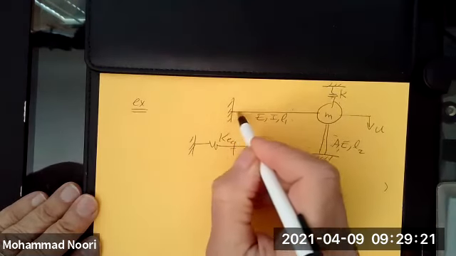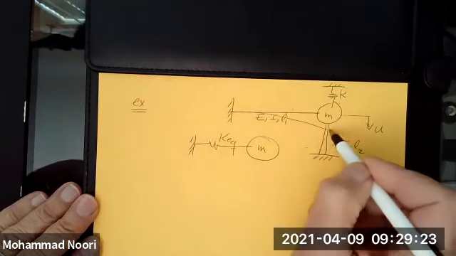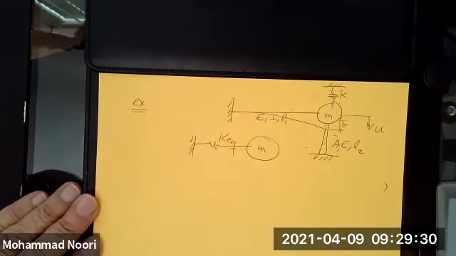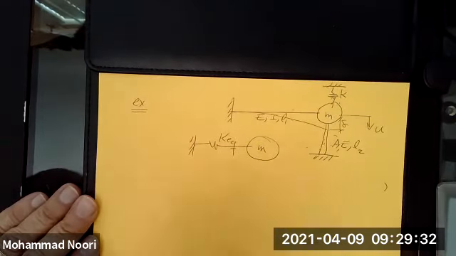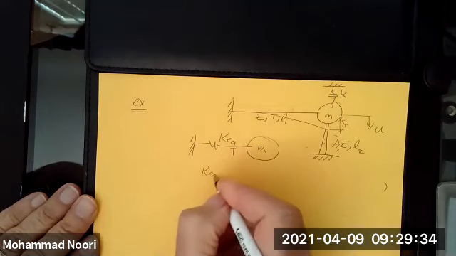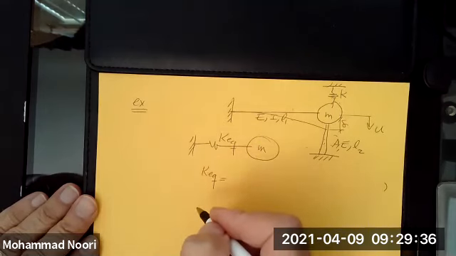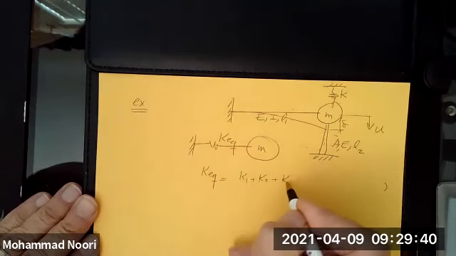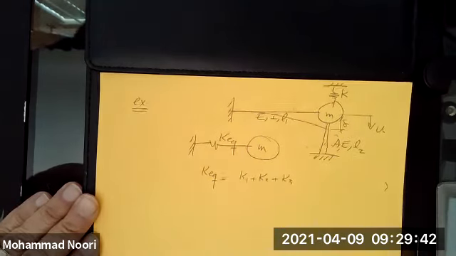Look, this beam is experiencing this deformation, and that is the deformation that both of these springs will experience. Therefore, in order to find the equivalent stiffness, I need to find the stiffnesses of these three components and add them up.